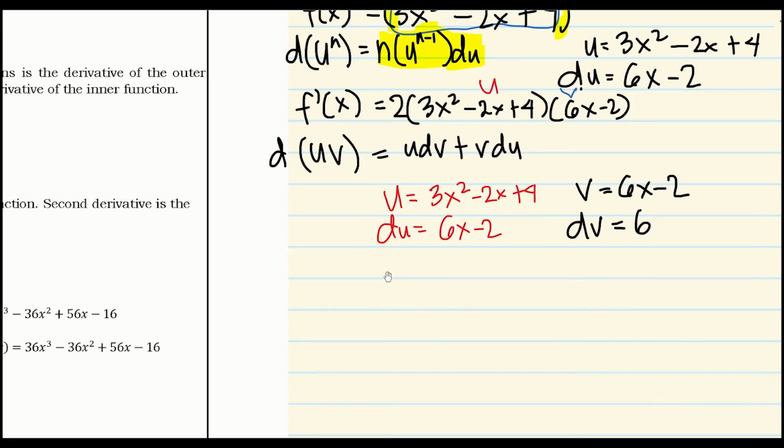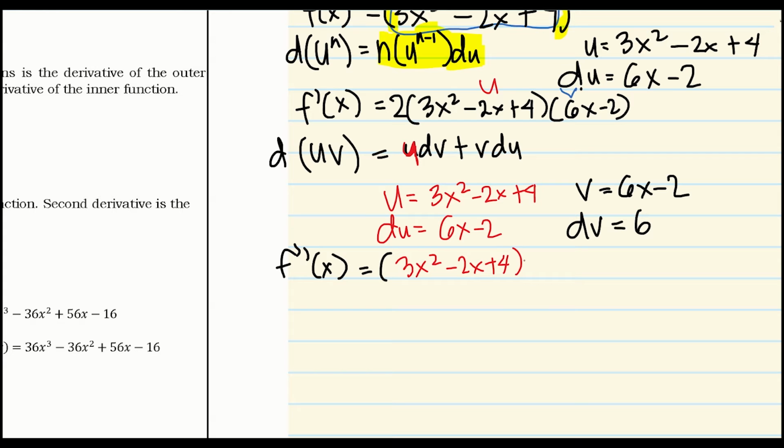So we will just put here the second derivative of the function is equal to u. What is our u? 3x squared minus 2x plus 4. This is it.